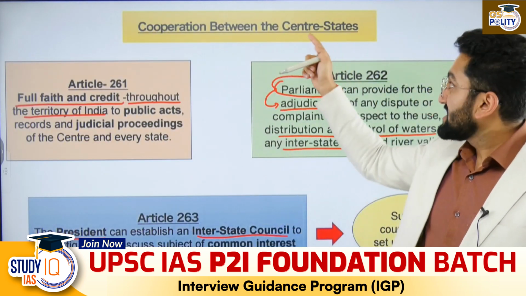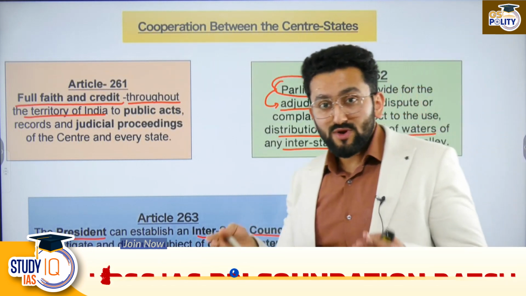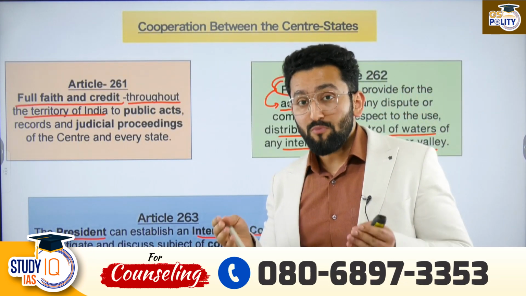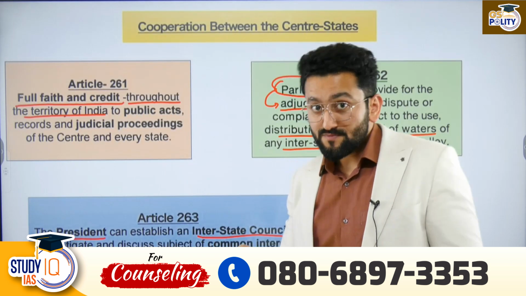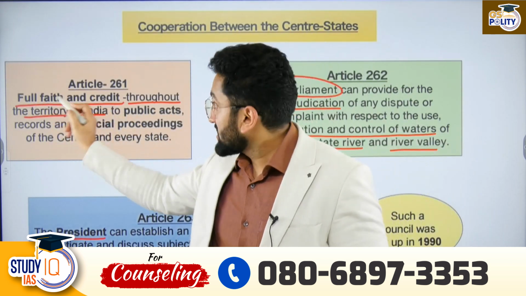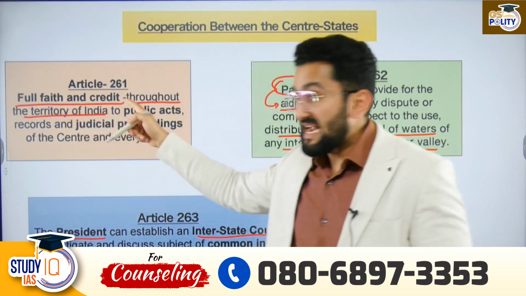Now, cooperation between center and state. As I told you, with respect to executive relations, cooperation is necessary, right? So there's Article 261, it says full faith and credit.